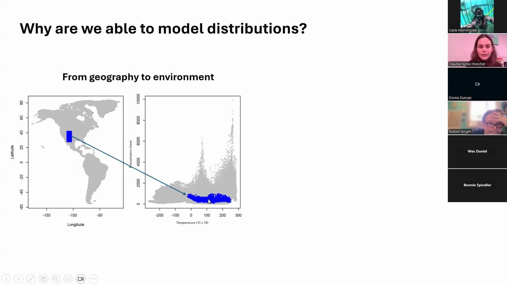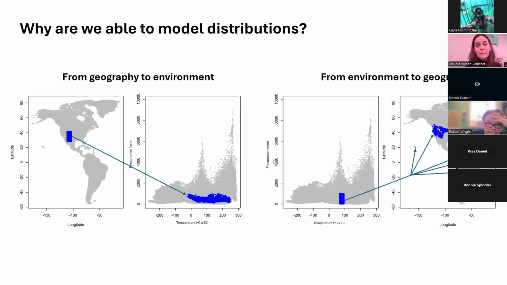But we can see in blue all the combinations of temperature and precipitation of this specific square that we have here in the geography. But also we can put it back. If we have some combinations of precipitation and temperature, we can see which areas in the geography might have those same values of precipitation and temperature. And those are the basics of the ecological niche modeling framework.